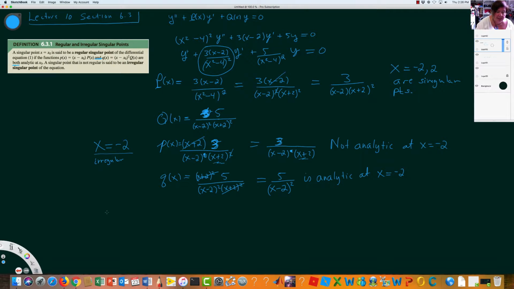Okay, let's test our next point. So x equal 2, and let's see if it's irregular or regular. I'm going to start with little p of x. I'm going to read the right one now. We're going to multiply that by x minus 2, right? So remember, it's x minus x naught. So x minus just positive 2 is x minus 2.